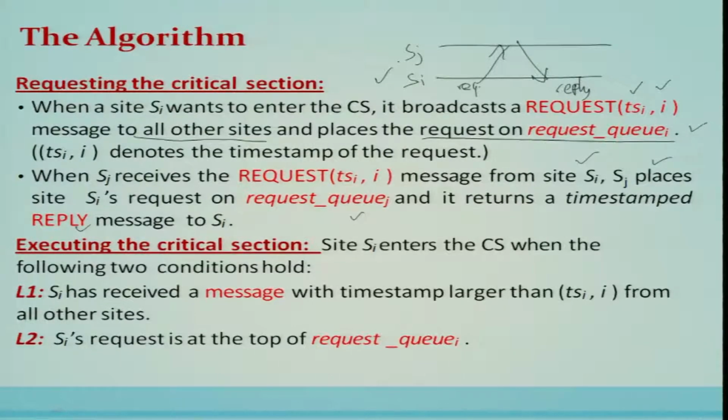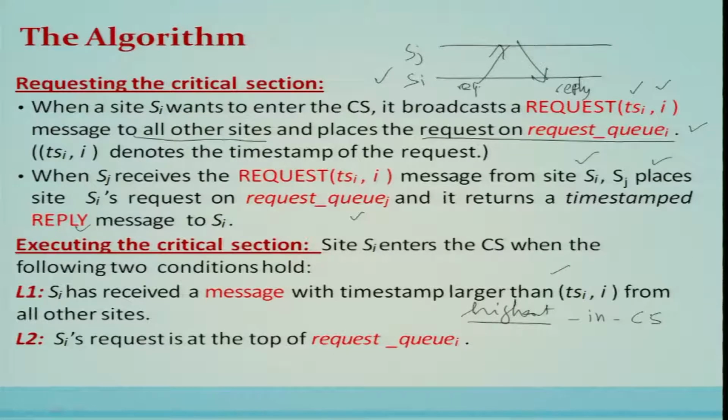Now, the second part of this algorithm is about executing the critical section. Site Si enters the critical section when the following two conditions hold. The first condition, L1, says that Si has received a message with a timestamp larger than its own timestamp from all other sites. That means Si's message has the lowest timestamp, so it has the highest priority, and that is why it executes inside the critical section.